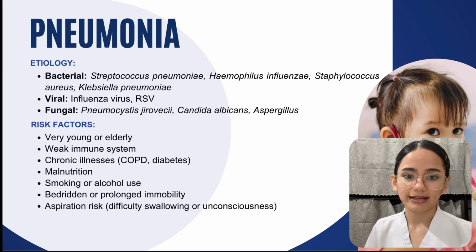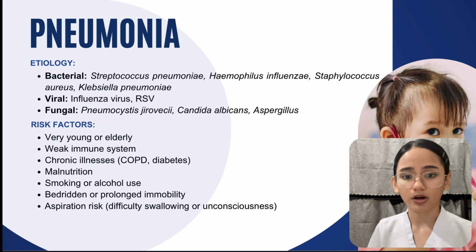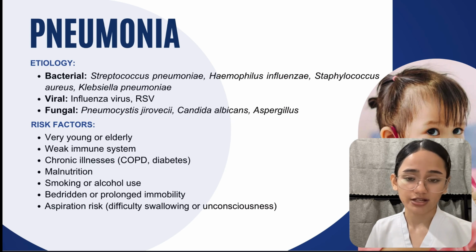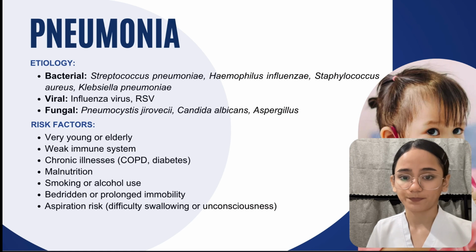Malnutrition, smoking, and alcohol use weaken the body's natural defenses, which also make those patients more susceptible to pneumonia. And then bedridden patients are prone because secretions pool in their lungs. And finally, those with aspiration risk, such as patients who have trouble swallowing or are unconscious, can inhale food or fluid into their lungs, which leads to the infection.